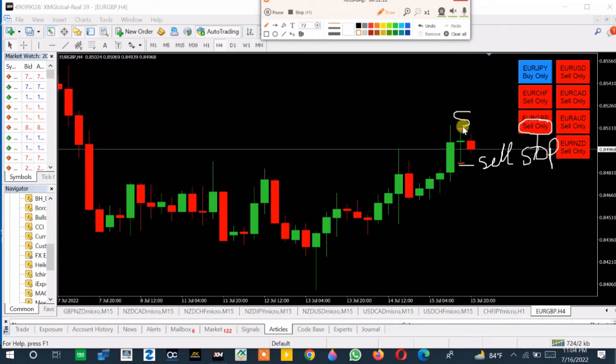Our stop loss is in this area, and our TP is the next support or 2 to 3 times the SL. By this system we make entries on all 7 pairs.